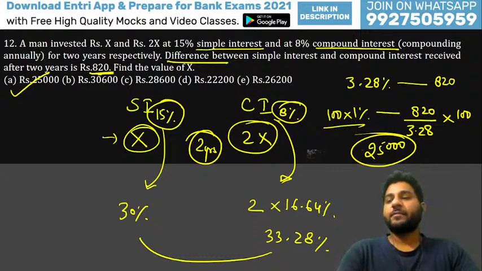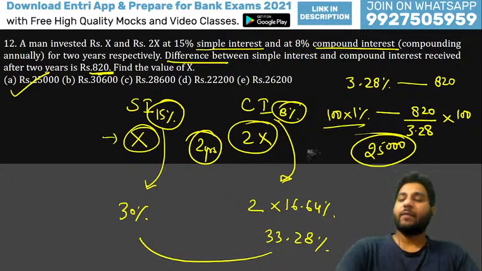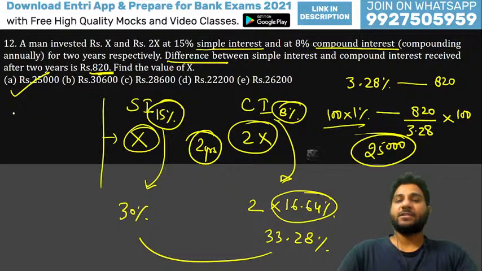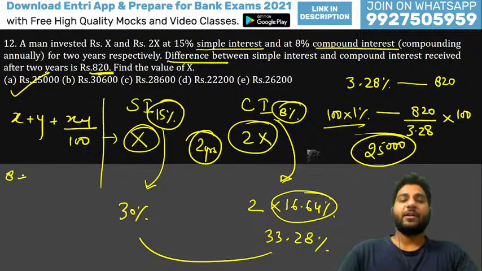Did you get that? Those who are not getting how I got 16.64, remember that compound interest always belongs to successive increase, and the successive formula is x plus y plus xy upon 100. So when you put the 8% rate in both years, you will get 16.64%.